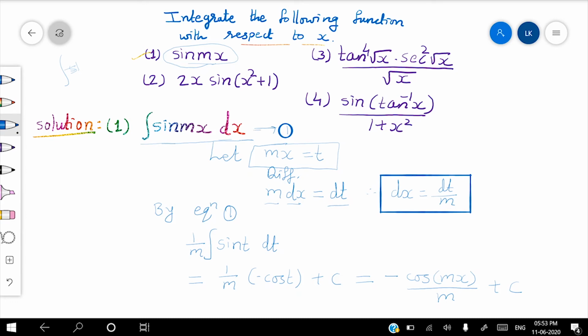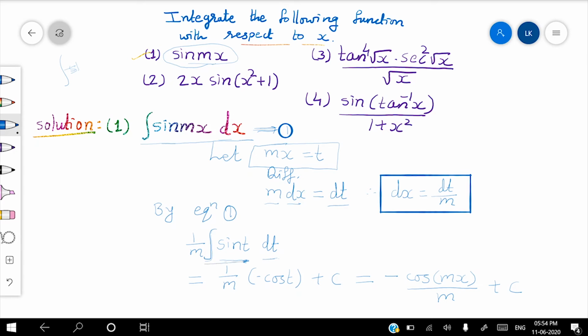That is, we have this box. Now in equation number 1, substitute the value. That means 1 upon m integral sine, the value of mx is t. Okay, the value of dx is dt divided by m. That means dt, m is constant, you can write it outside the integration.